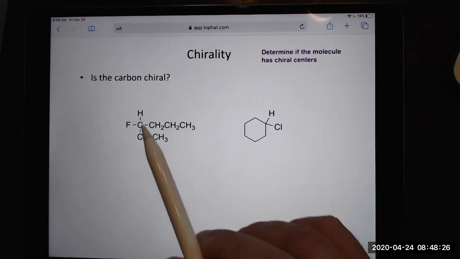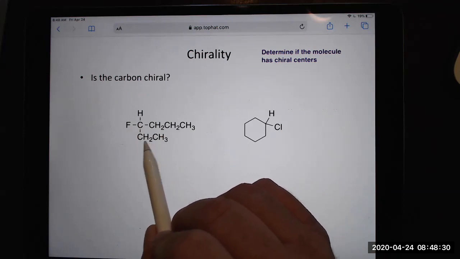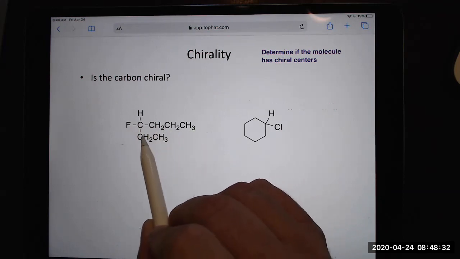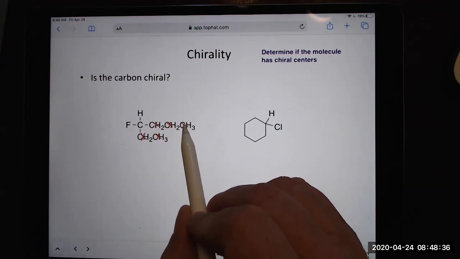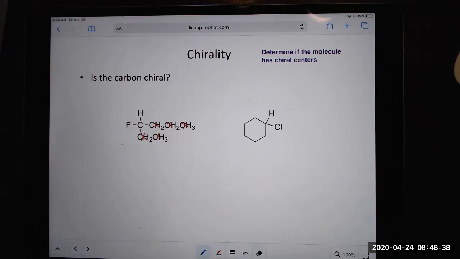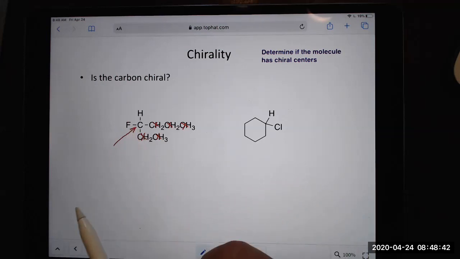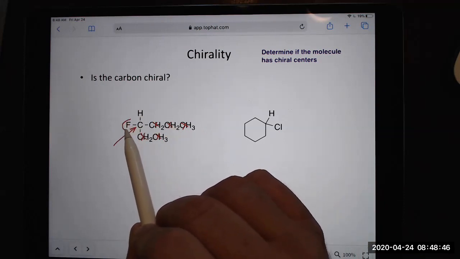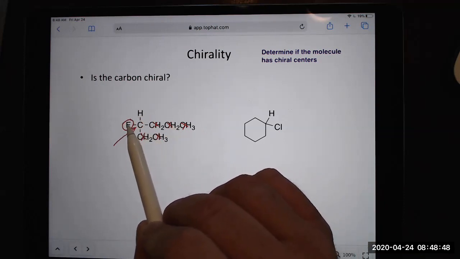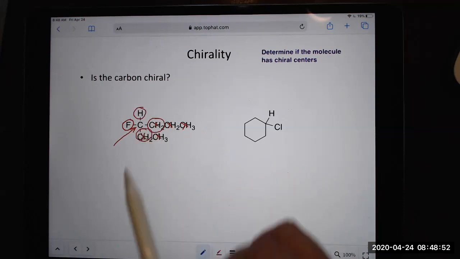So for things like this, anything that has multiple hydrogens on it, you can get rid of. It can't be that, because you have to have 4 different things hanging off of it. So that gives us perhaps this one. We're looking at a fluorine, a hydrogen, a CH2, and a CH2.